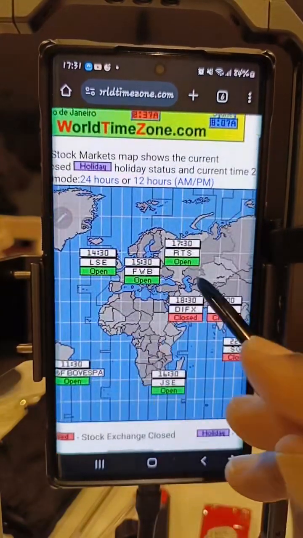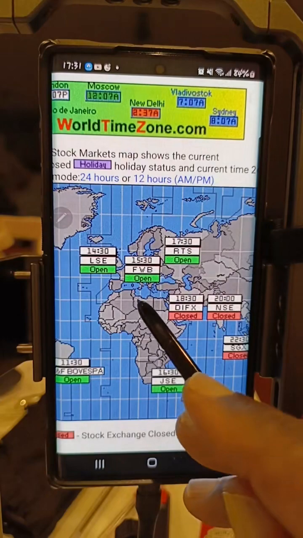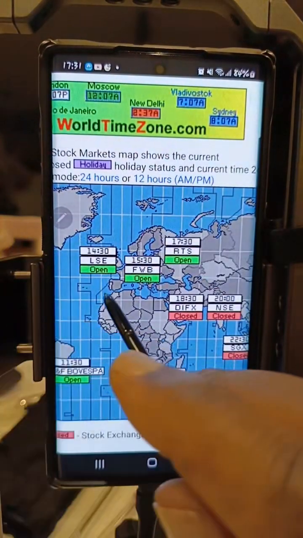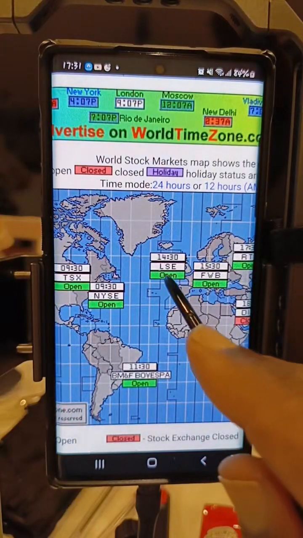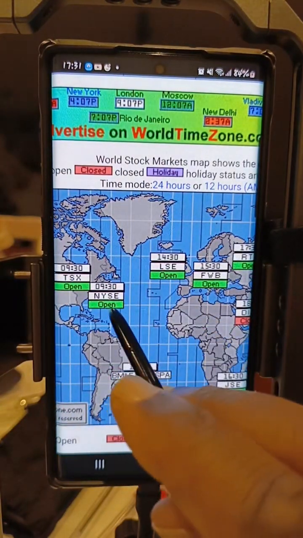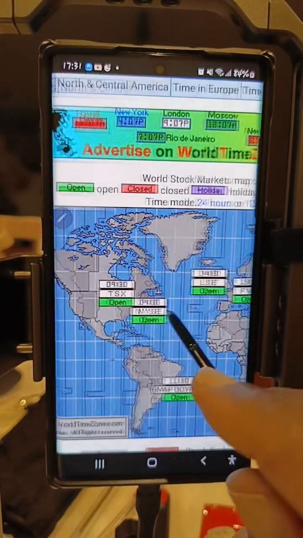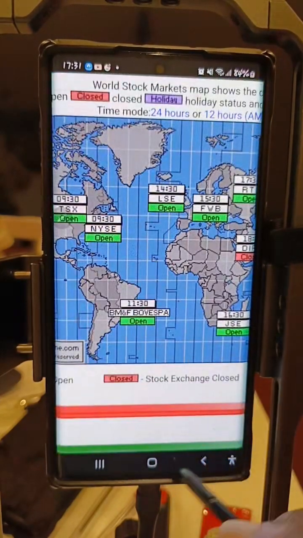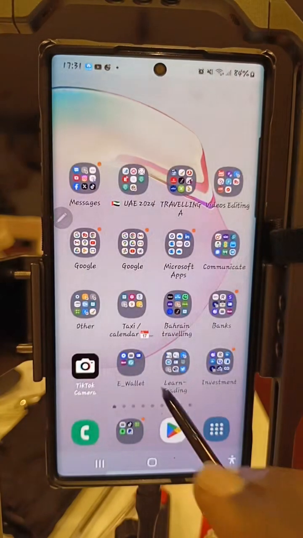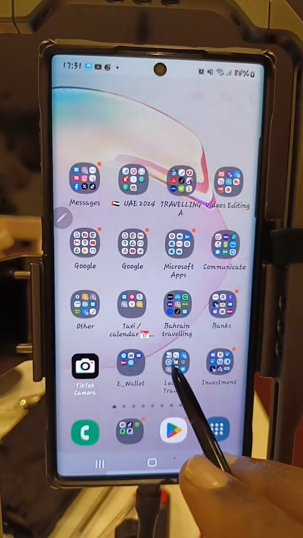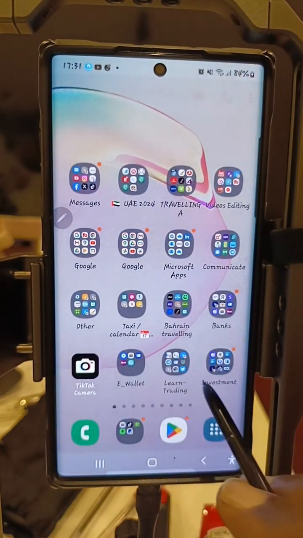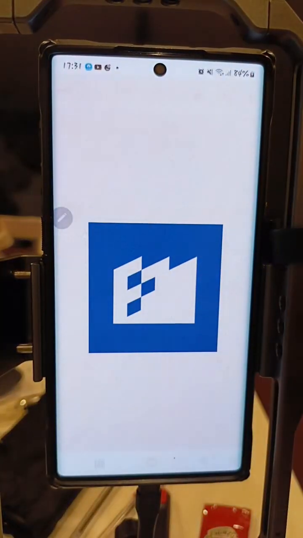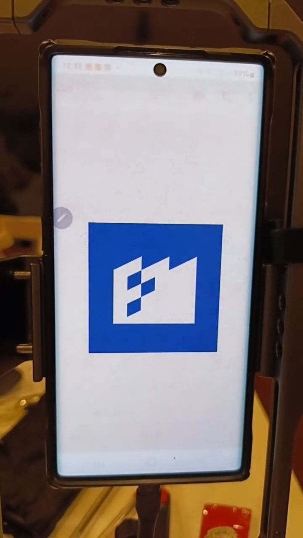You can see here Russia is open, Germany is open, London is open, New York, Texas, Canada, all these markets are open. Next, this is another very important app I'm going to share with you. This one tells you what news is coming up.